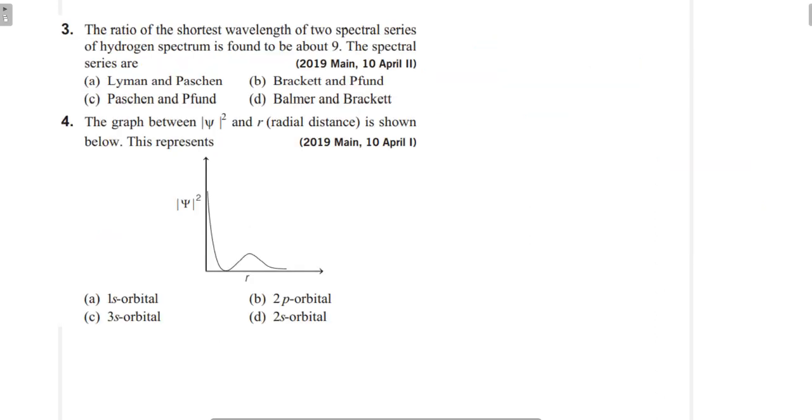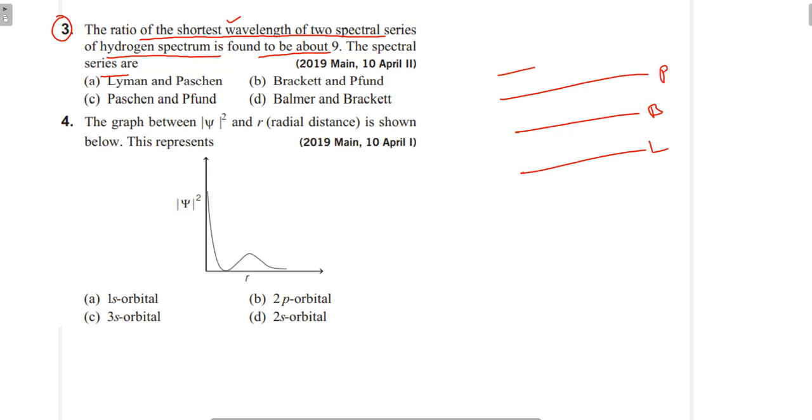Next. The ratio of the shortest wavelengths of two spectral series of hydrogen spectrum is found to be about 9. We know the hydrogen spectrum series: first Lyman, then Balmer, Paschen, Brackett and Pfund.